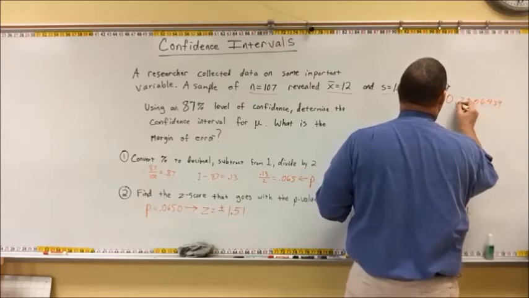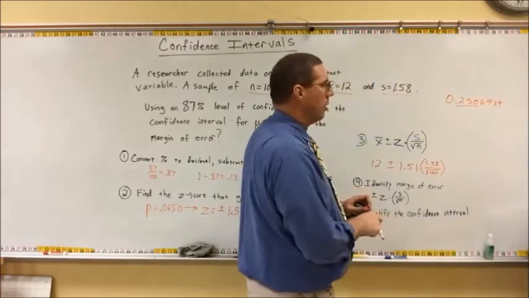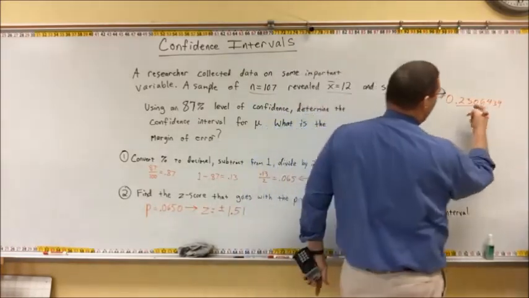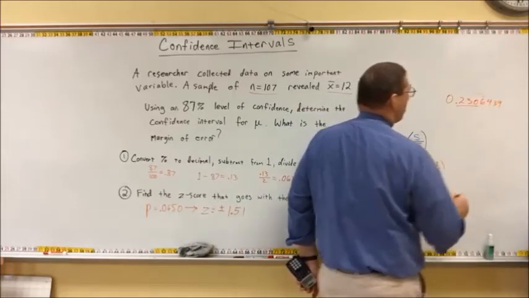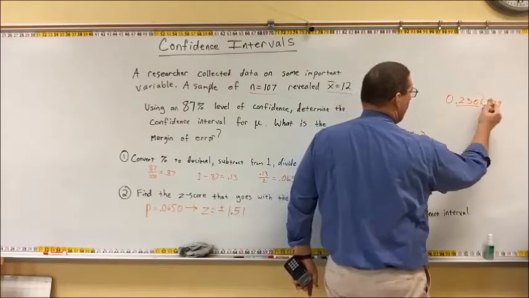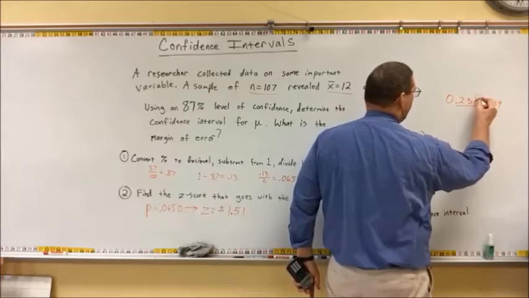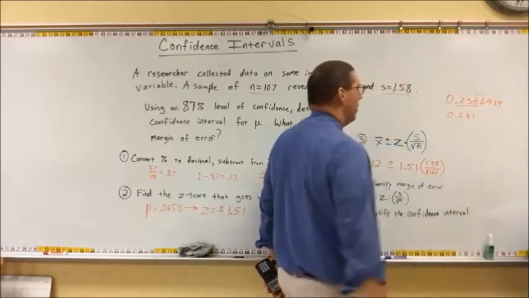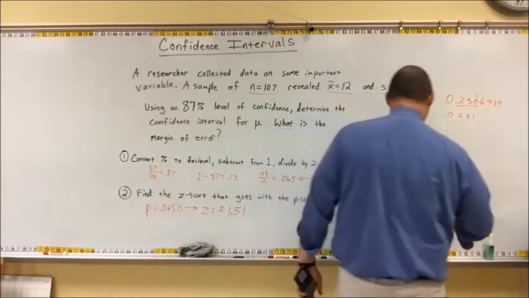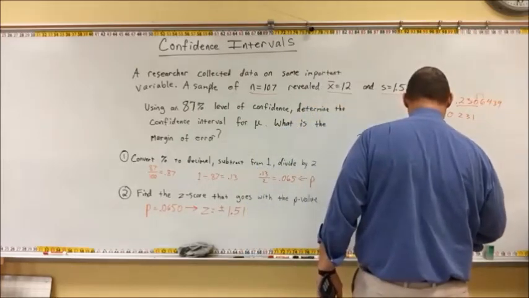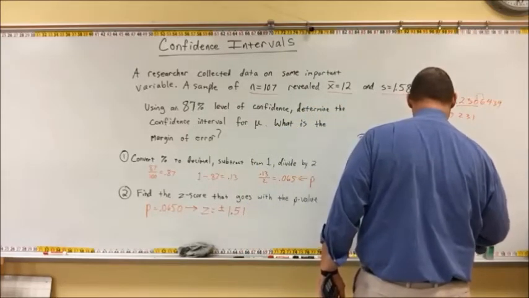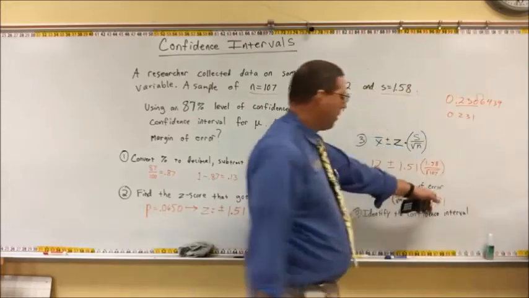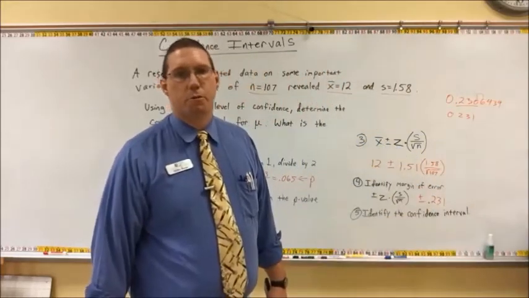I like to go to 3 decimal places here on the margin of error. And look what happens at the 3rd decimal place. We have to look to the 4th place. That's a 6, so that's going to round this 0 up to a 1. So it's going to be 0.231. It's going to be plus or minus 0.231. That's our margin of error.